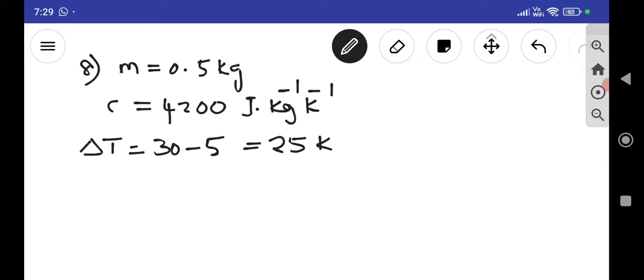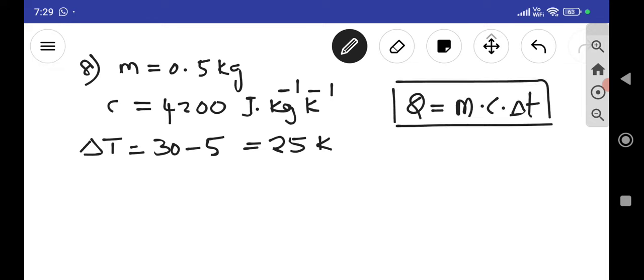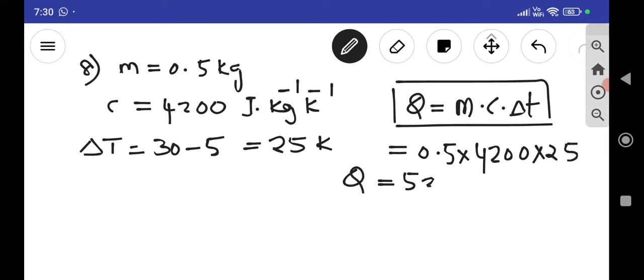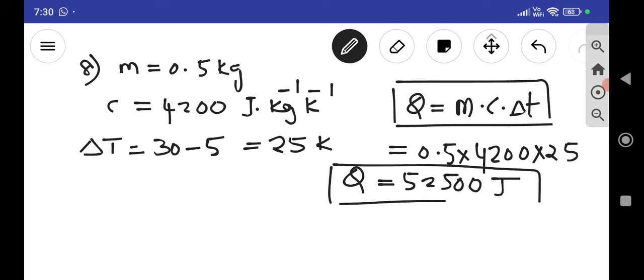Next, Q is equal to MC delta T. Applying this formula, mass 0.5 into 4200 into delta T 25. So we get heat energy as 52,500 joules.